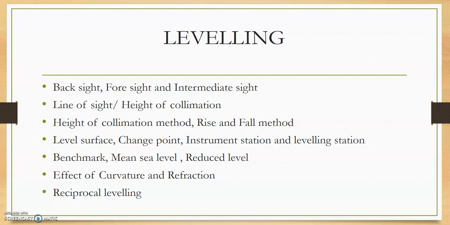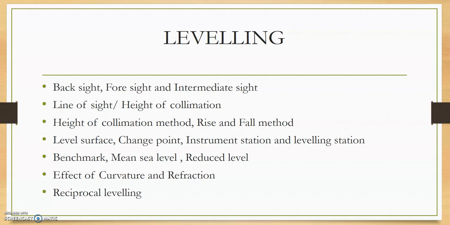Next, instrument station. We have to focus clearly, because in some examinations we get some confusion. What is a station? Instrument station means the point where the instrument is kept, placed. Leveling station means where the leveling staff is placed.